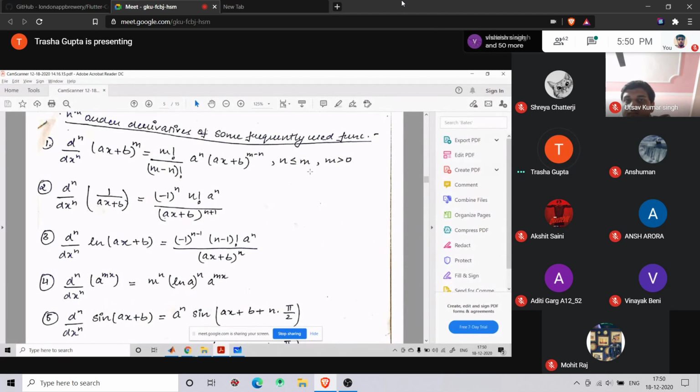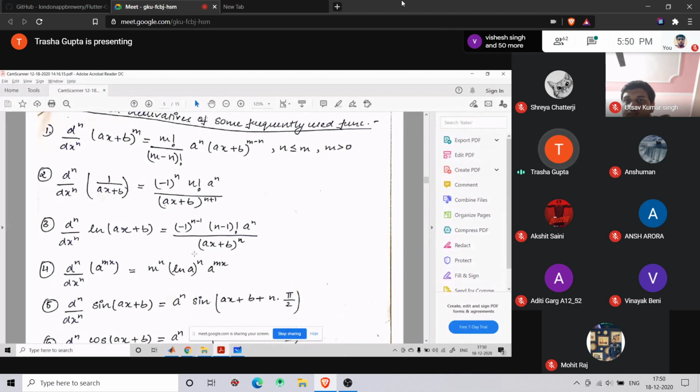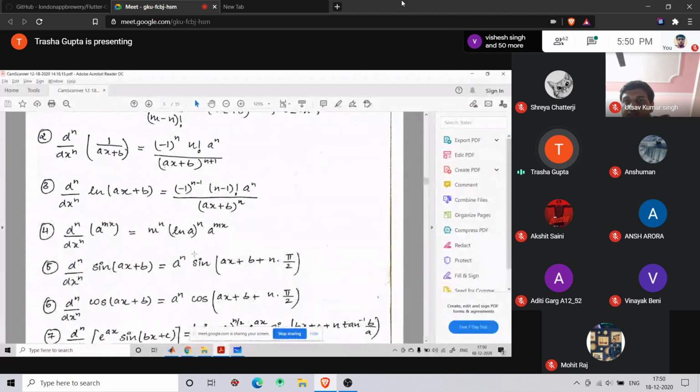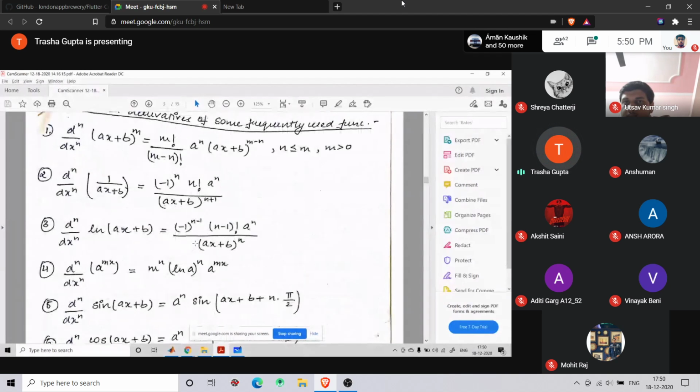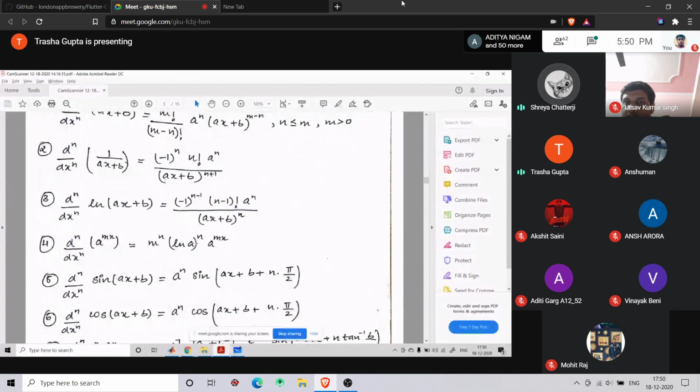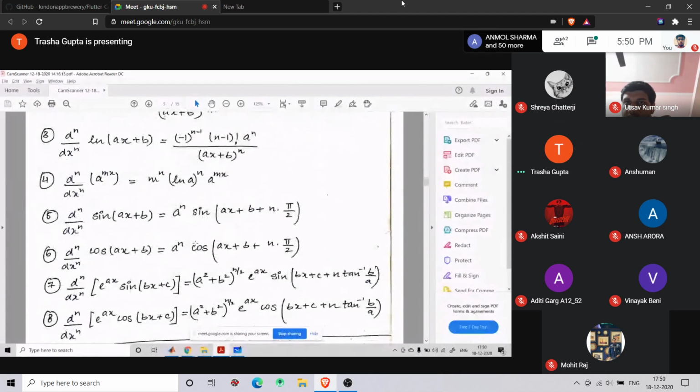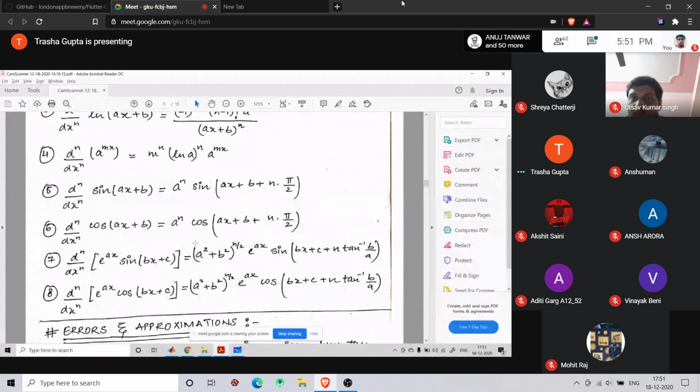These are some of the frequently used functions for which you can just take a screenshot and keep it handy so that you can use them whenever you have to solve a question. Ma'am, can you scroll down a bit? Yeah, I have scrolled it. There are 8 derivatives.